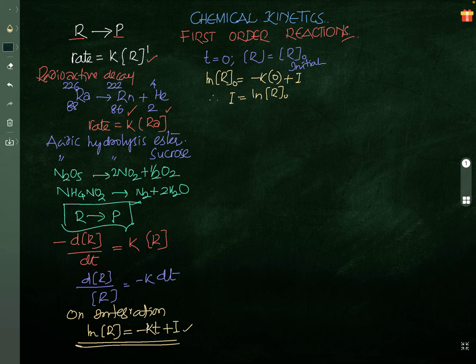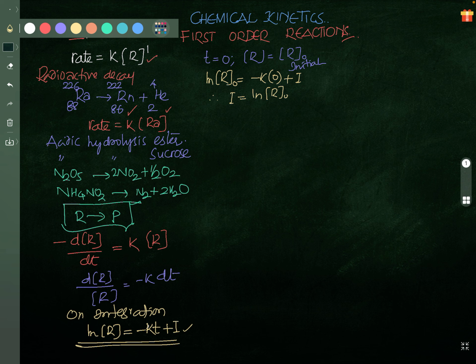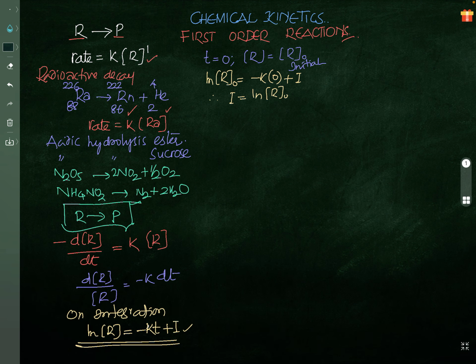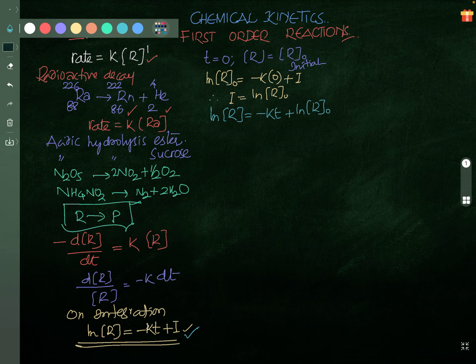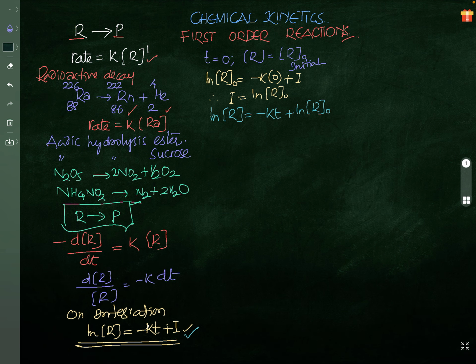Right? Now substitute this I value, the integration constant I value, in this expression again. So it becomes ln R is equal to minus kt plus ln R naught. Right? Very, very, very simple derivation we are doing.